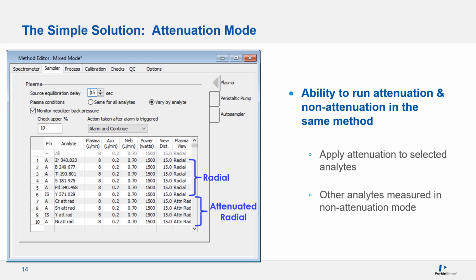What this means is we can acquire signal for chromium, tin, and nickel by reducing the signal. But when we analyze the other analytes, the signal is not reduced at all. And because the analysis only requires flipping a screen in and out of the way, it's very quick and adds virtually no time to the analysis.